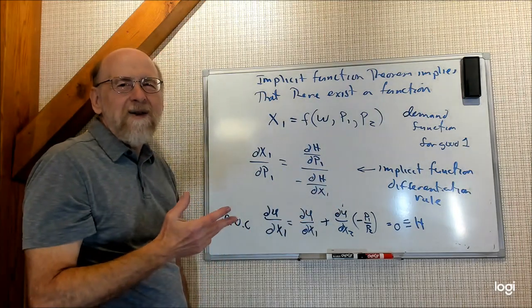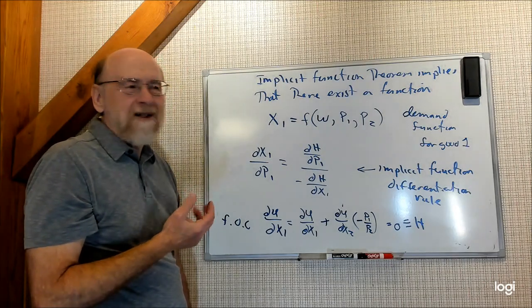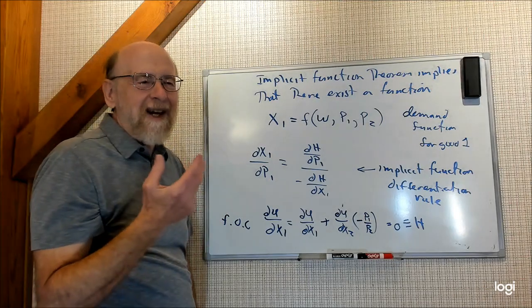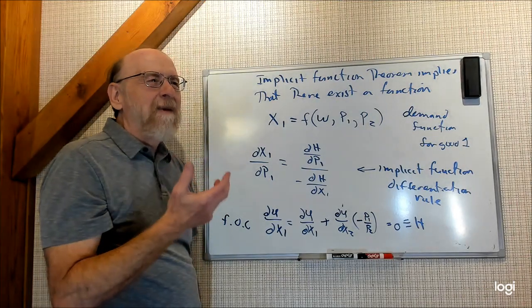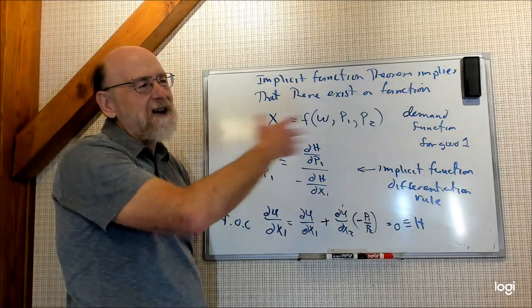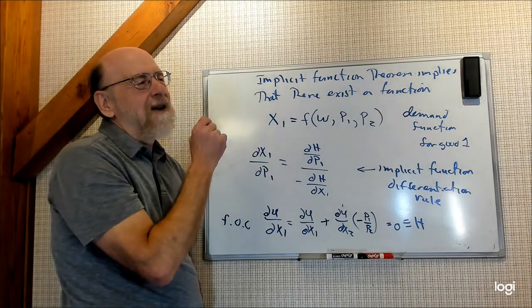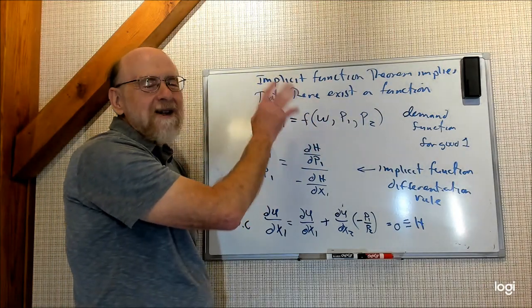It takes a while to do these things, especially the first time you try, because it's so abstract and there's so much notation involved. The trick is not to get lost. Remember that some of this is just notation, but once you've got all the notation down correctly, you can go back to your original assumptions about derivatives of the utility function, shape of the budget constraint, and stuff like that.